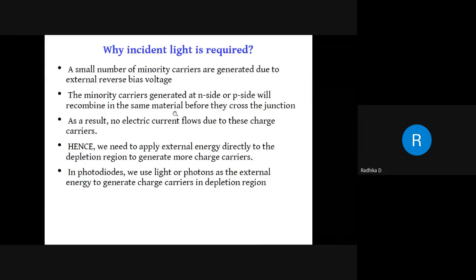Within the junction they can come and recombine, so the number of charge carriers in the junction will be less, and the current flow is very less. So you need to apply an external energy in order to get more charge carriers, or in order to get more current.